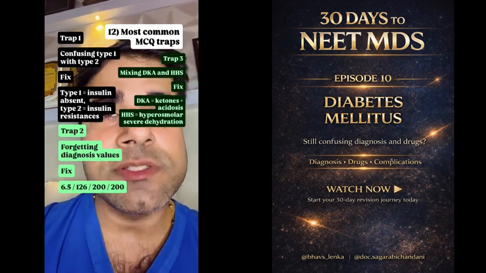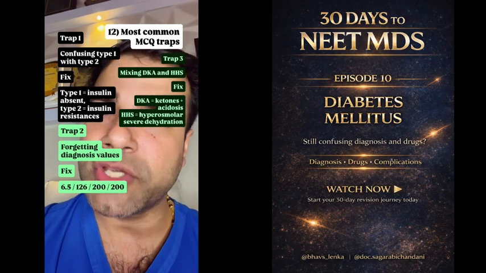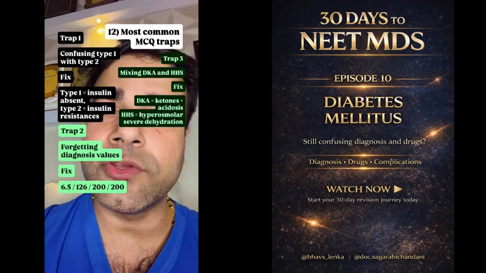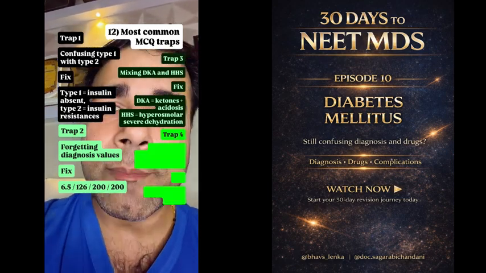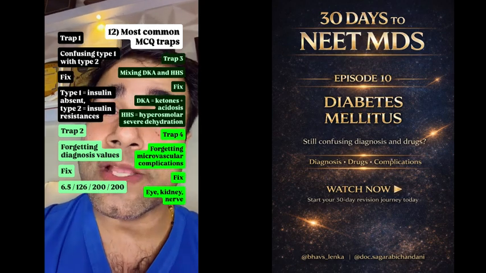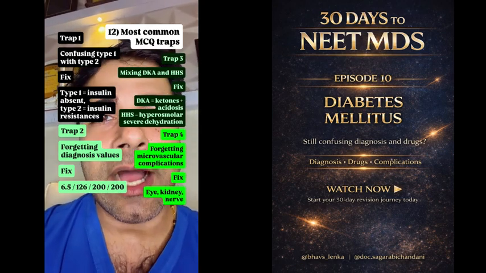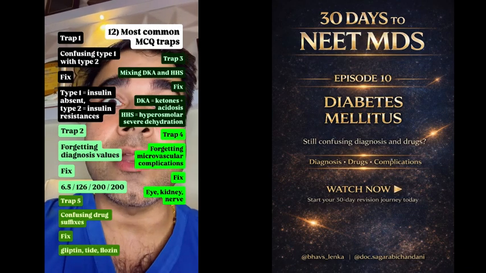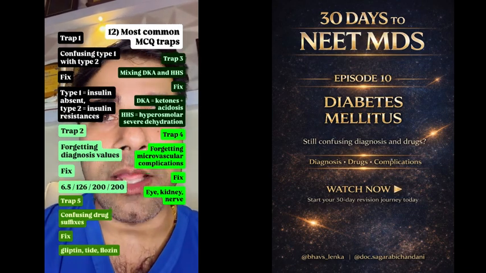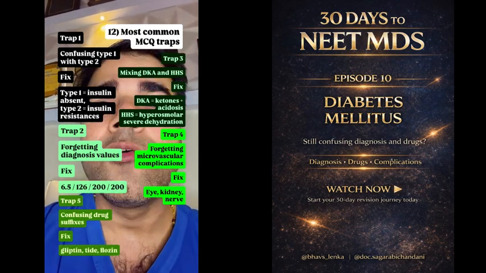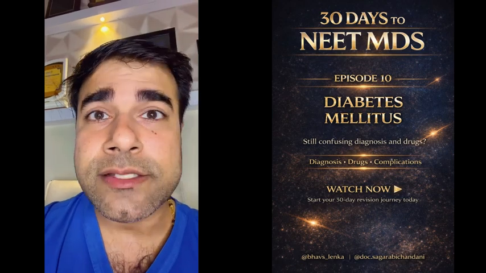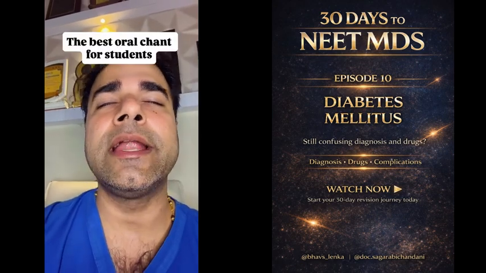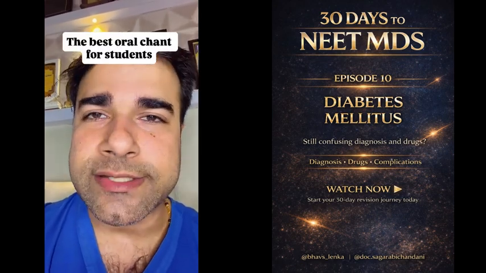DKA, ketones plus acidosis. HHS, hyperosmolar, severe dehydration. Trap number 4, forgetting microvascular complications. Fix. Eye, kidney, nerve. Trap number 5, confusing the drug suffixes. Fix. Gliptin, tide, flozin.